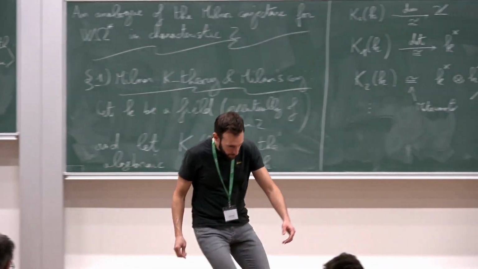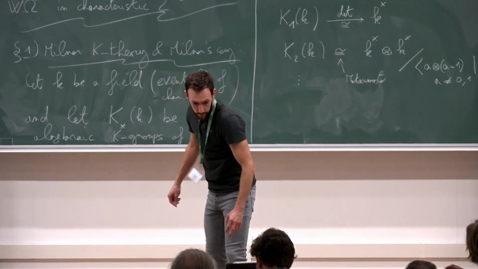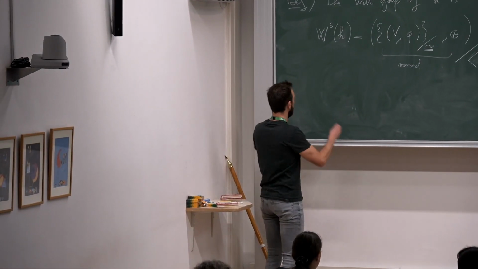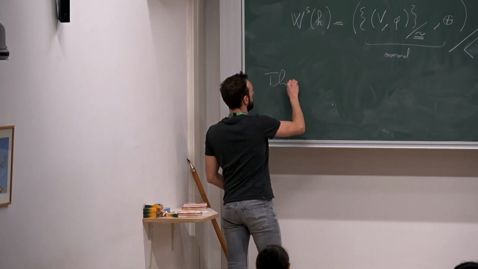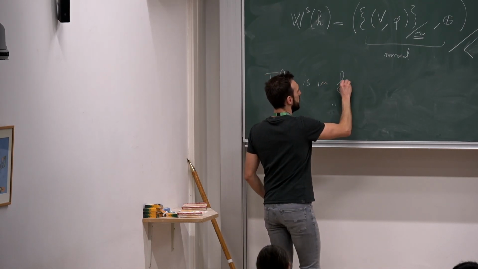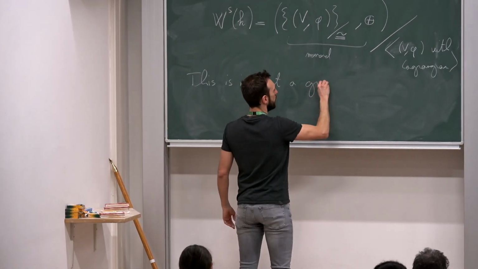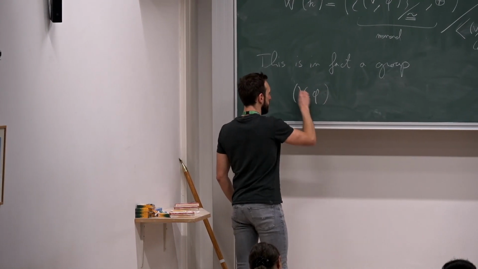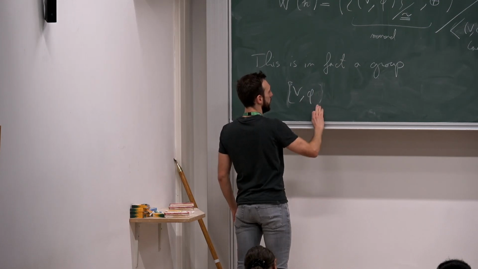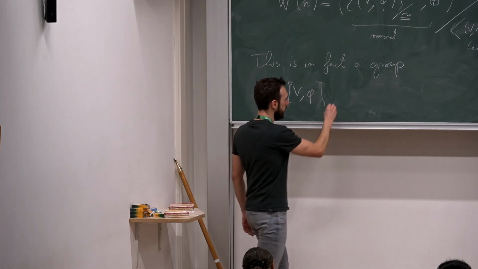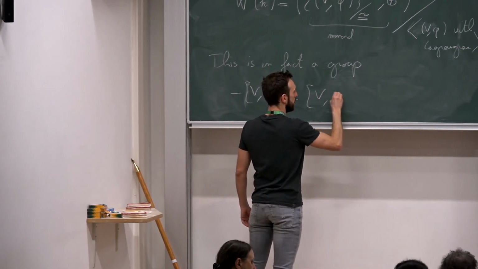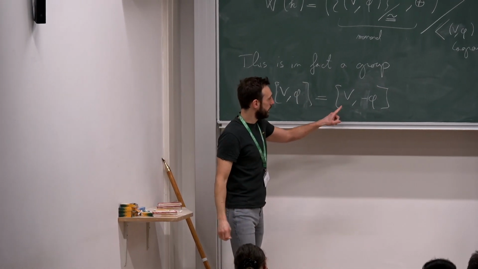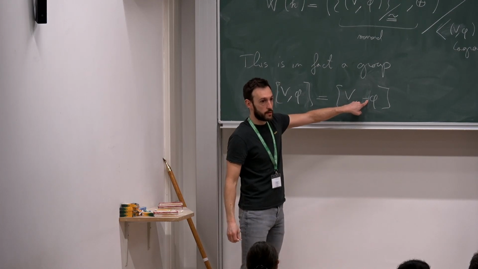So that's the definition of the Witt group. It's a monoid by definition, but it turns out to be a group. And it's not hard to see that if you take the class of a form and you wonder what its inverse is, that's just given by the same vector space but with the form with the sign inversion.